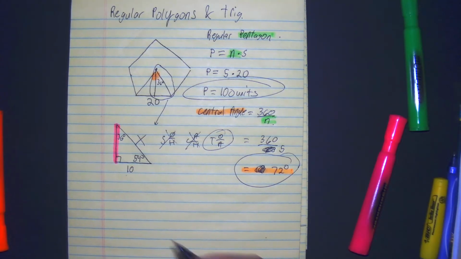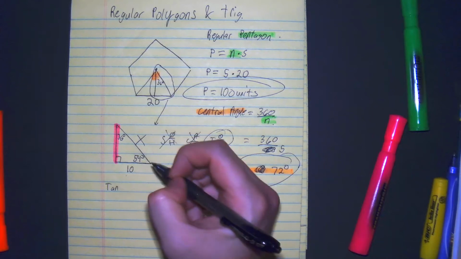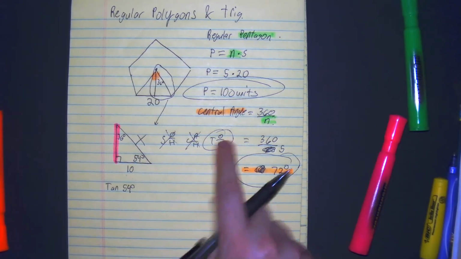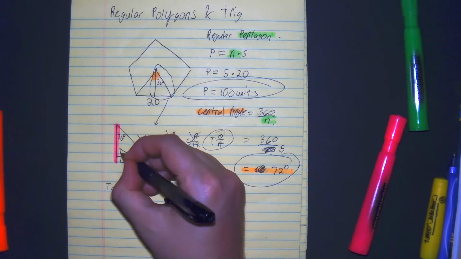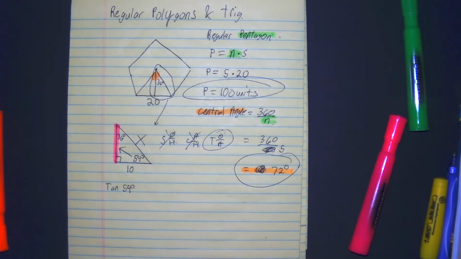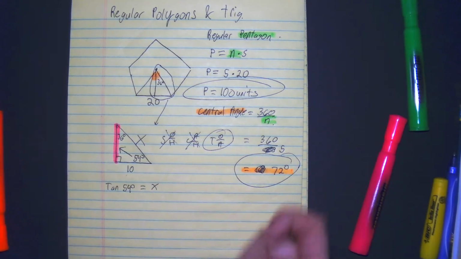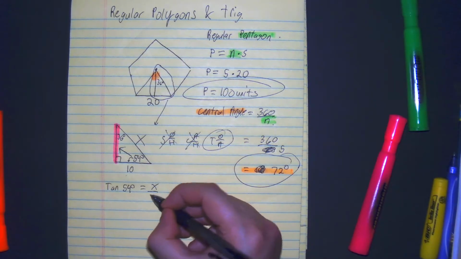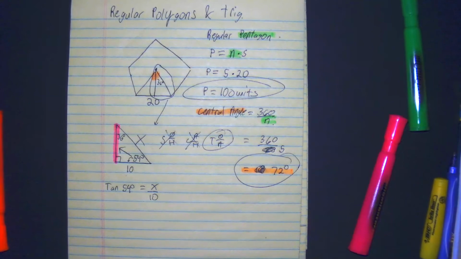So what we're going to do is the tan. What degree do I want to use? We can use 54 degrees. So the tan of 54 degrees, since I did 54 degrees, we look at the opposite. Our opposite we don't know, we'll call it x. And then our adjacent, which is 10. So from here, x over 10.